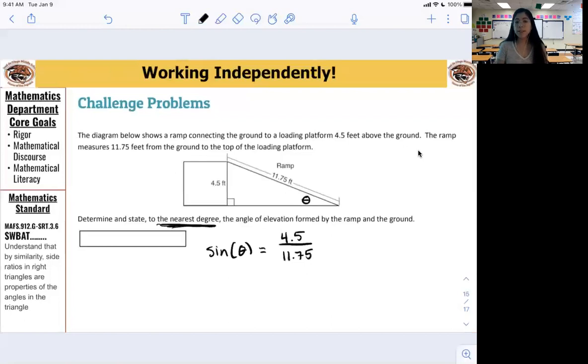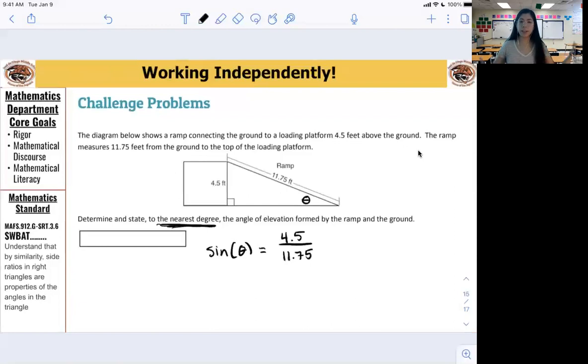Okay, now in this case, what am I doing to get theta all by itself? Good, Janelle's. Again, this time we're going to use the inverse, because what are you trying to get alone? You're trying to get theta all by itself.